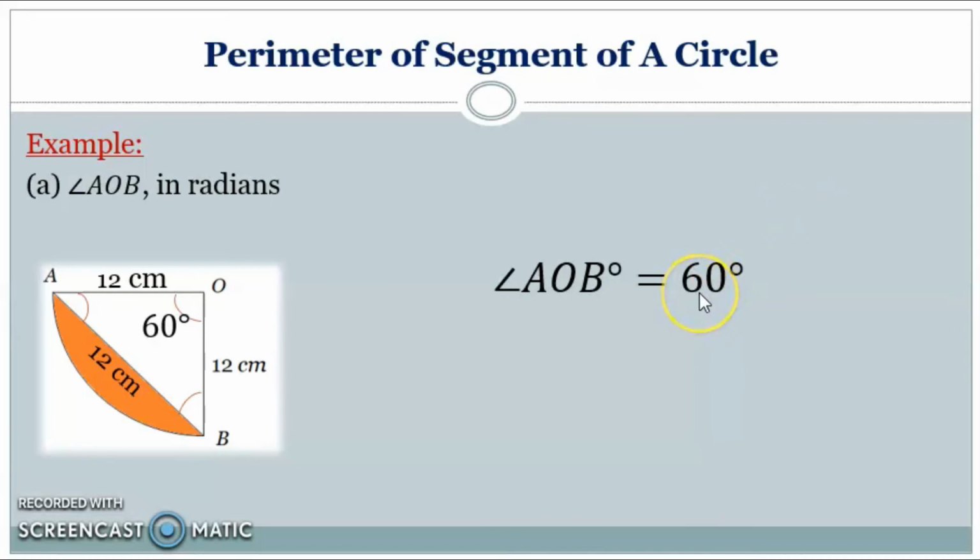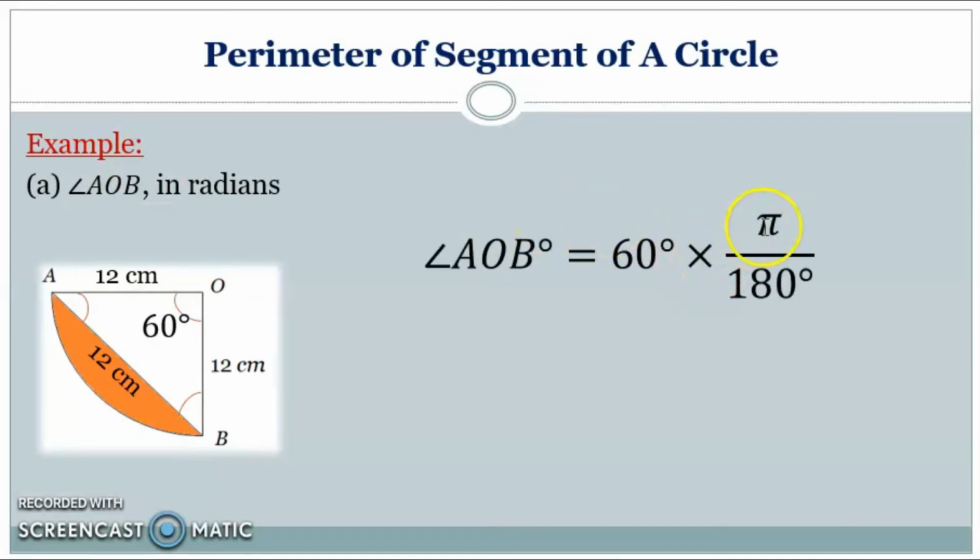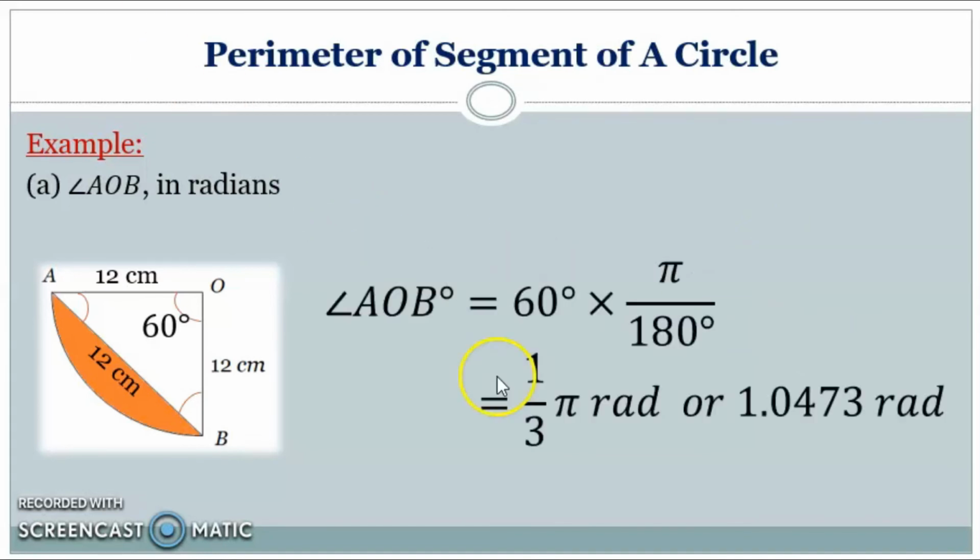That is 60 degree. We convert 60 degree to radian by multiplying 60 degree with pi over 180 degree. This gives us 1 over 3 pi radian or 1.0473 radian.